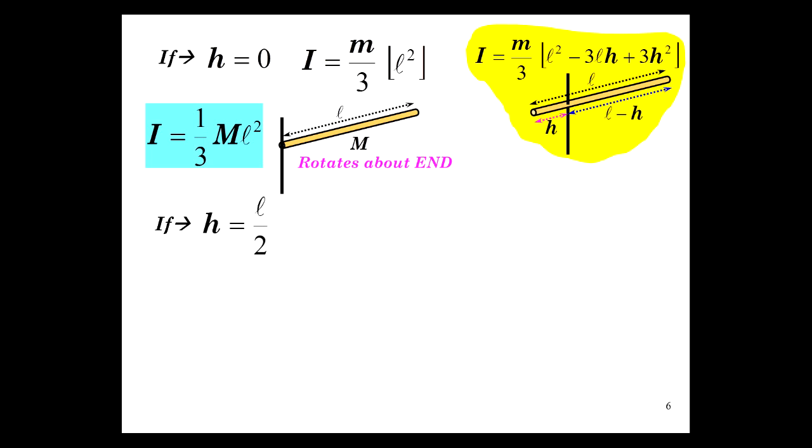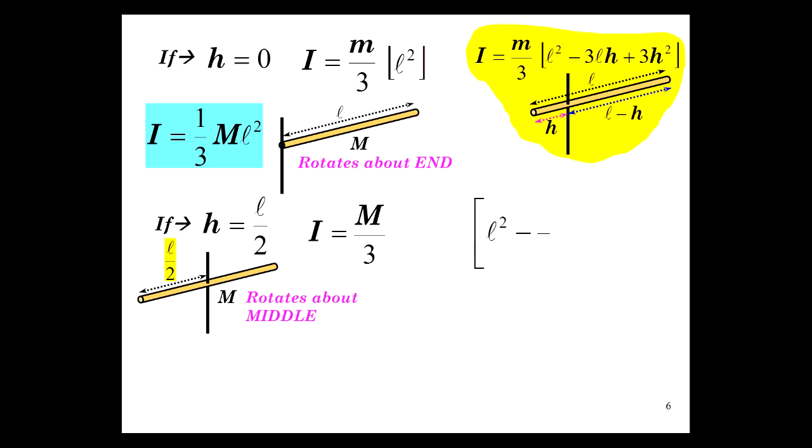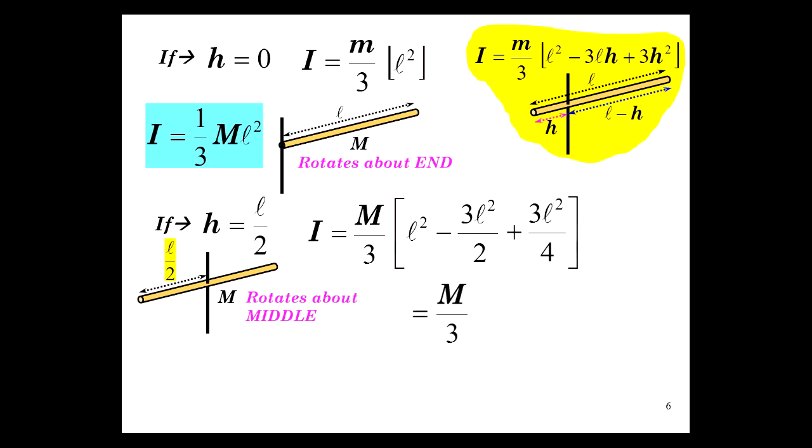Let's now rotate it in the center. h is equal to L over 2. So that'll change things a little bit. Rotating about the middle, if we put L over 2 in for h in the general formula, we have M over 3 times L squared minus 3L squared over 2 plus 3L squared over 4.